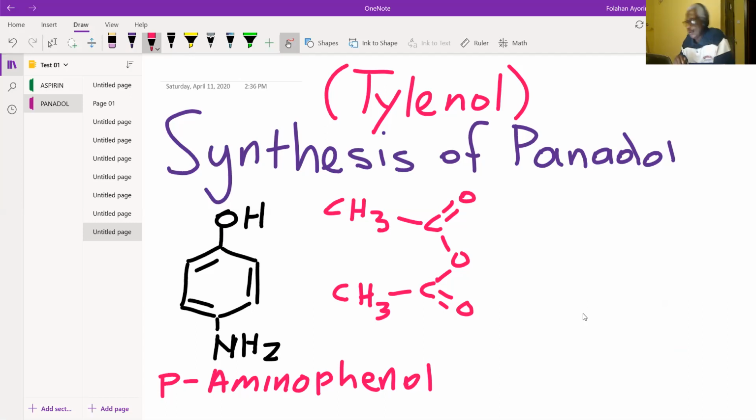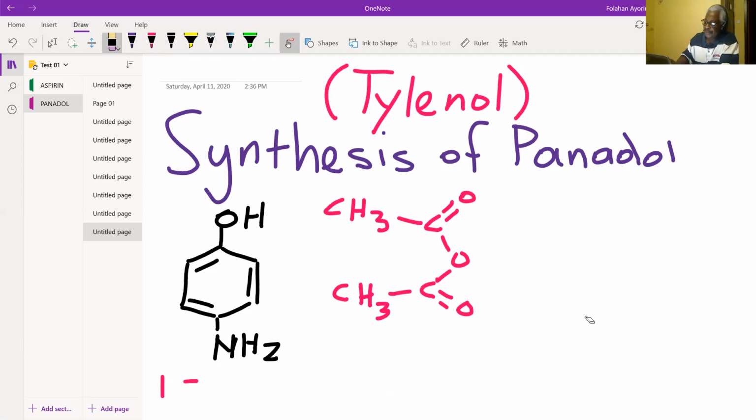This molecule is called acetic anhydride. Write that down.